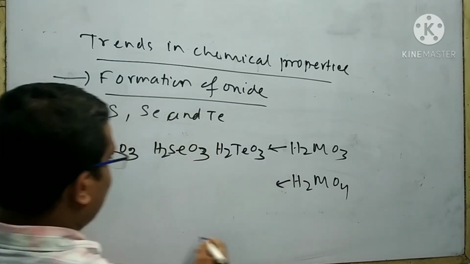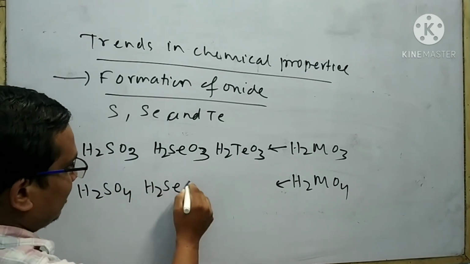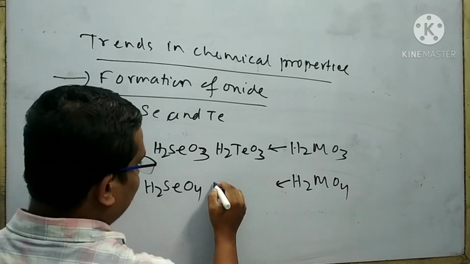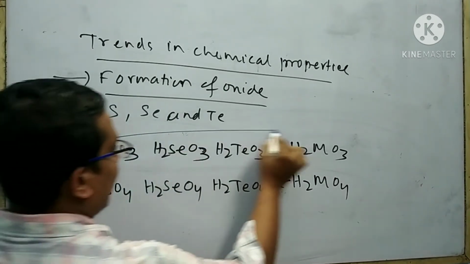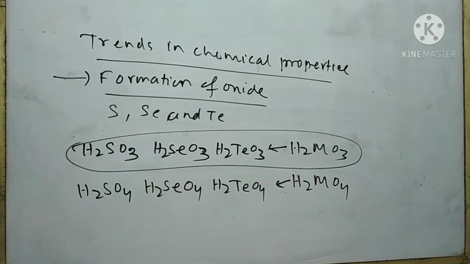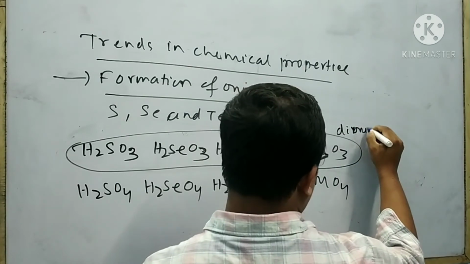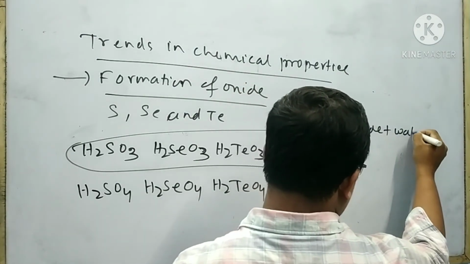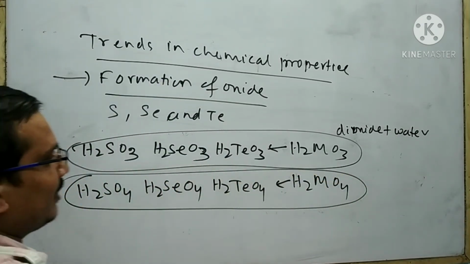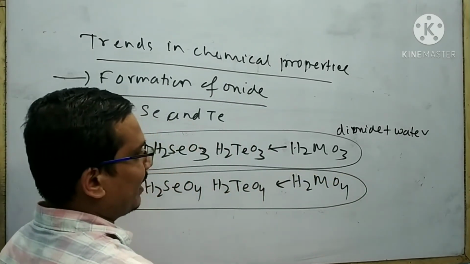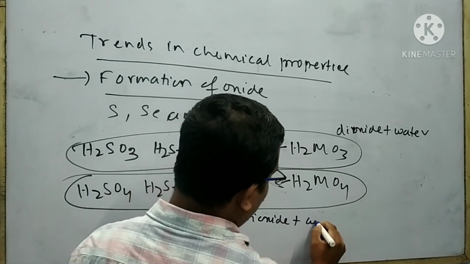The H2MO4 type oxyacids are H2SO4, H2SeO4, next is H2TeO4. The H2MO3 type of oxyacid can be formed by the reaction of dioxide with water, and the H2MO4 type of oxyacid can be formed by the reaction of trioxide with water.